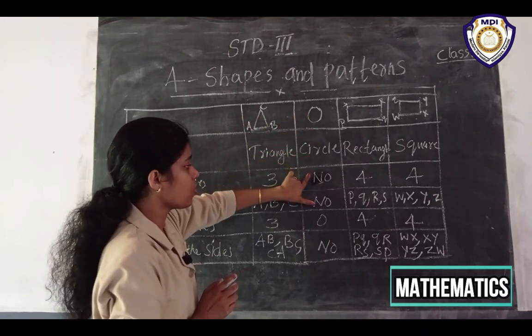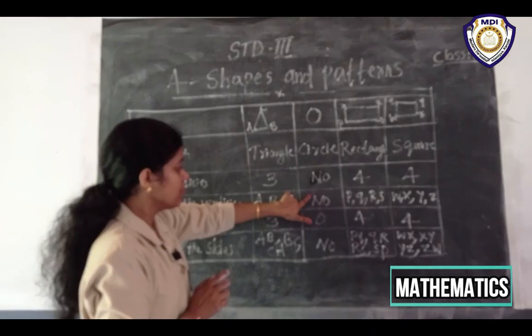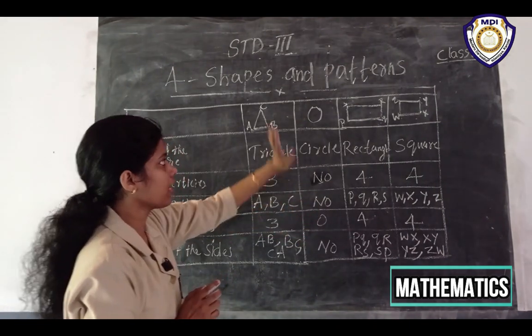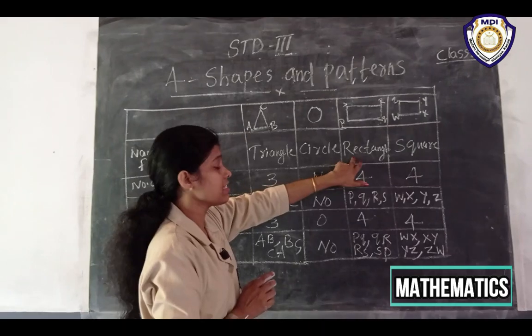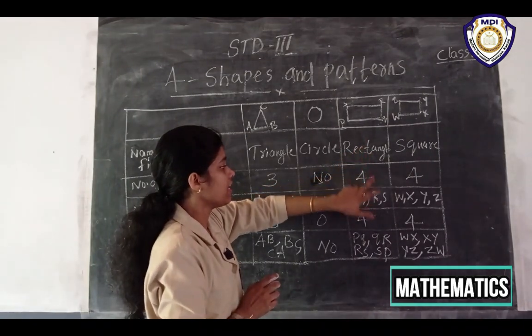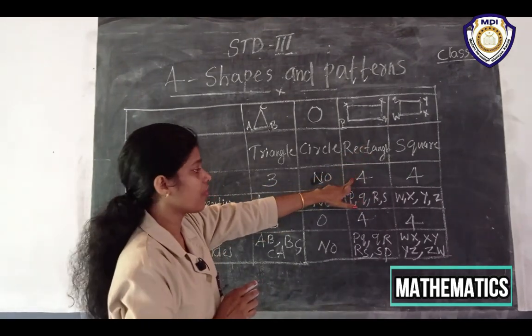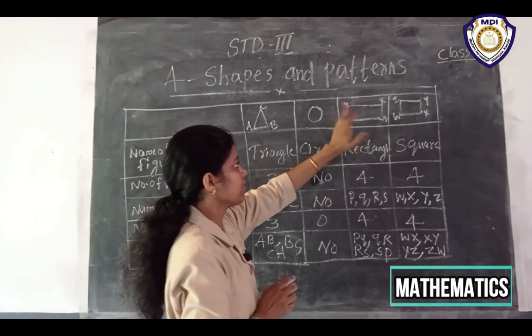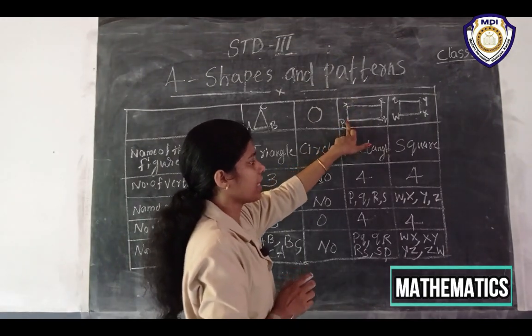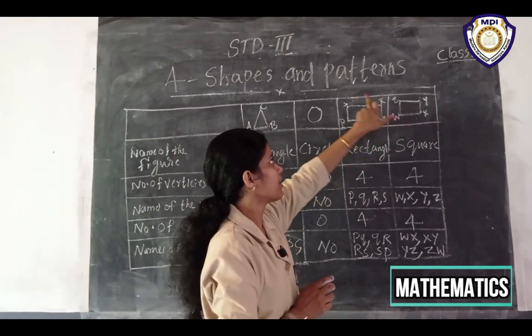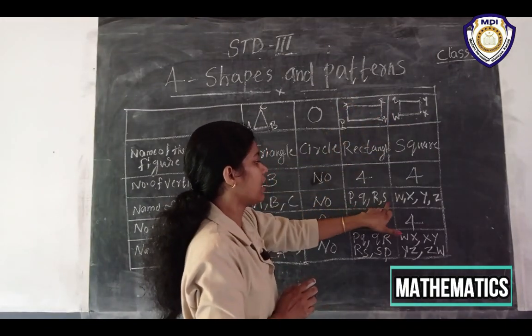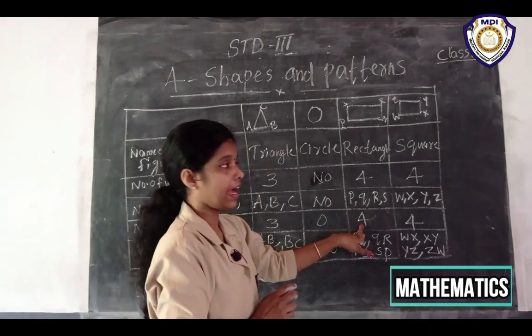A circle has no vertices, no sides. This is a rectangle. A rectangle has 4 sides, 4 vertices. The vertices are P, Q, R and S.